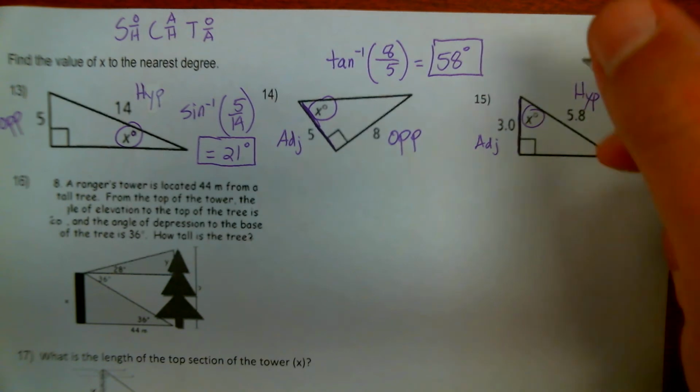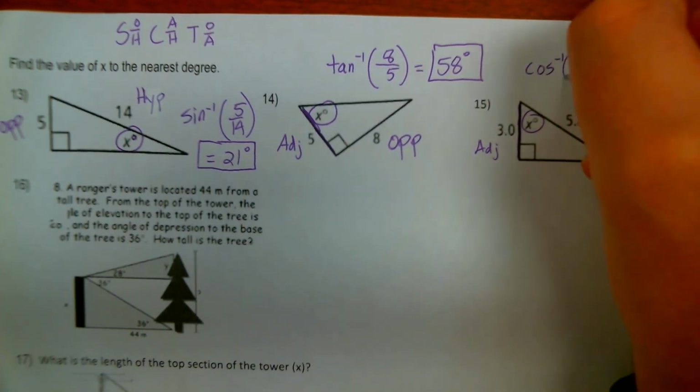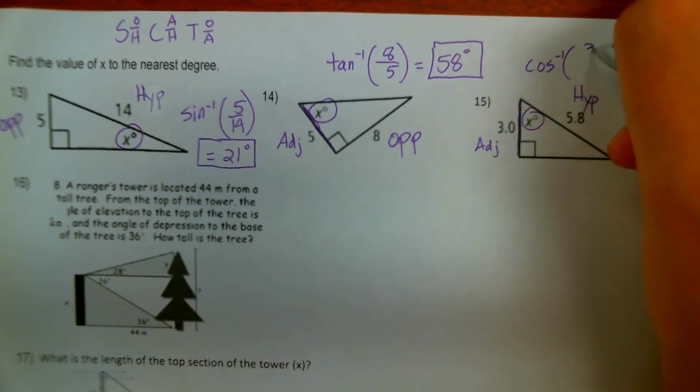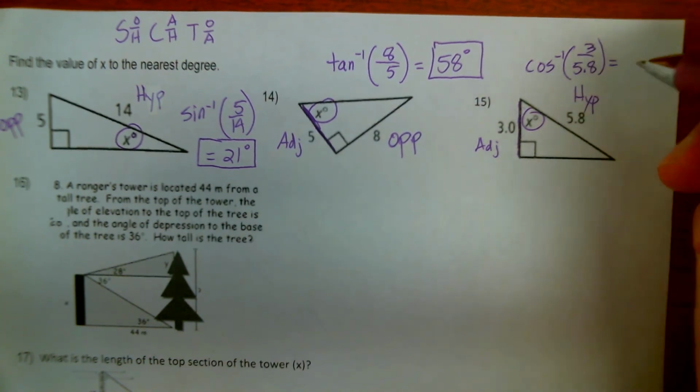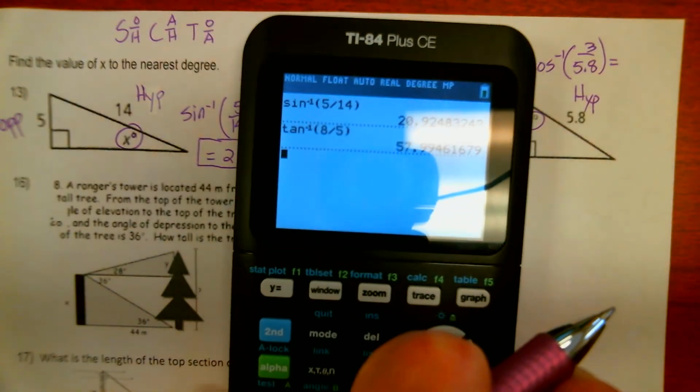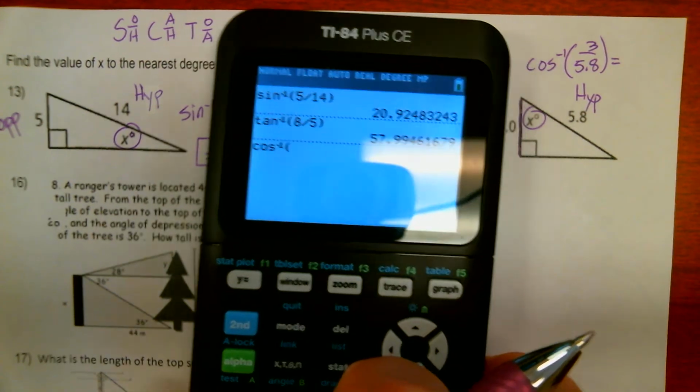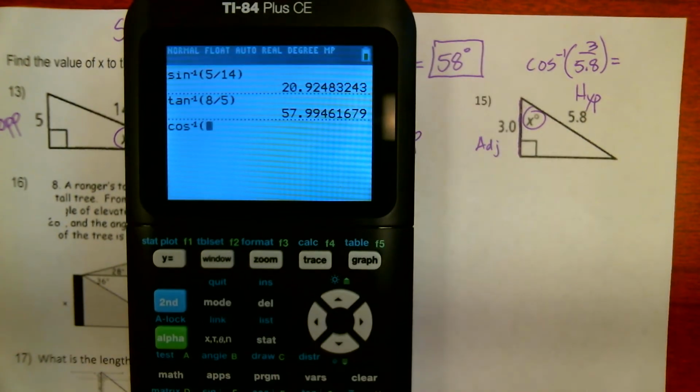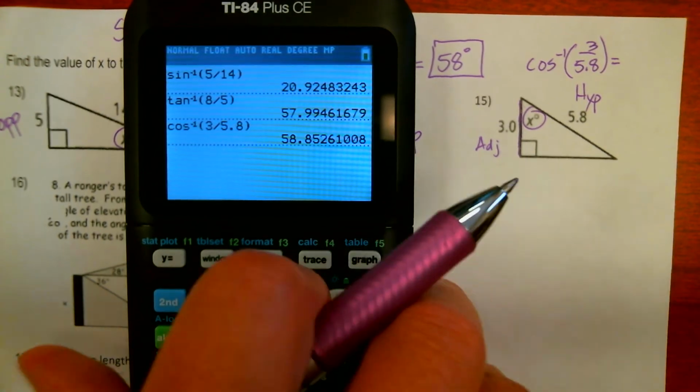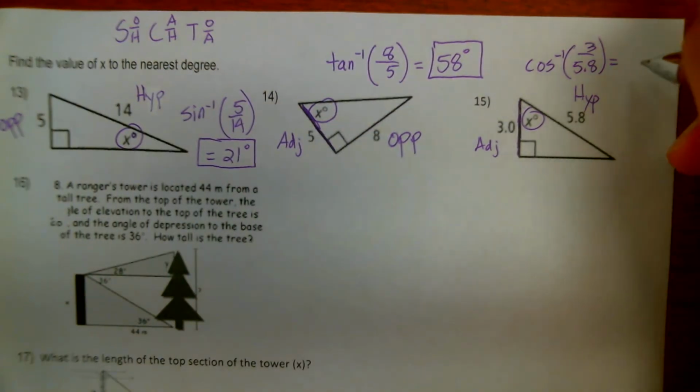But I'm finding the angle, so I need inverse cosine of adjacent over hypotenuse. Doesn't matter that those are decimals. So let's go: second, inverse cosine of 3 divided by 5.8, and I get 58.8, which rounds up to 59 degrees.